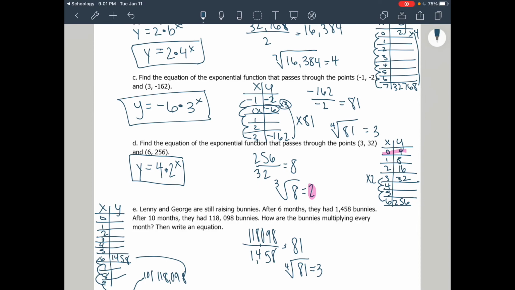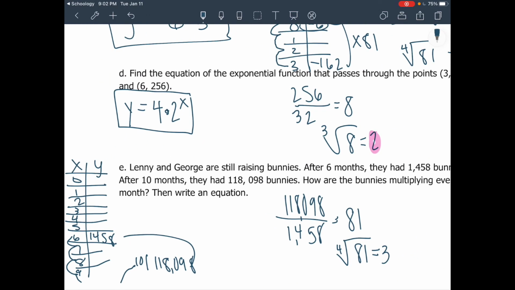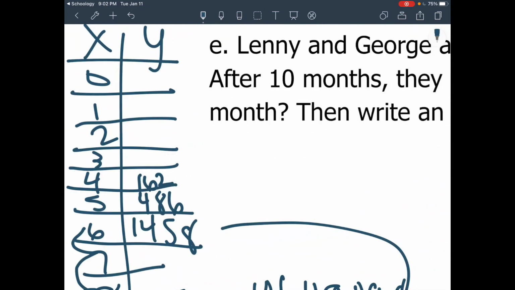So then I need to go backwards to get the 0. So 1,458 divided by 3 is 486. I'm going to just make this a little bigger here. 486 divided by 3, 162. And then divide by 3 again, 54.